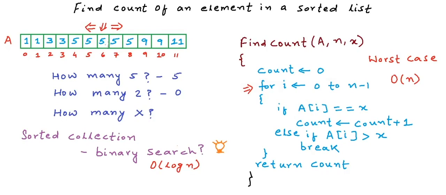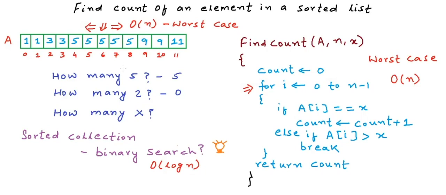But once again, if the whole array is number 5 only, all elements being same still is a sorted array, then we will scan all the elements, we will access all the elements in the array, and eventually the time complexity will be big O of n only. The time taken will be proportional to n only in the worst case. So using binary search in its basic form does not give us much advantage.